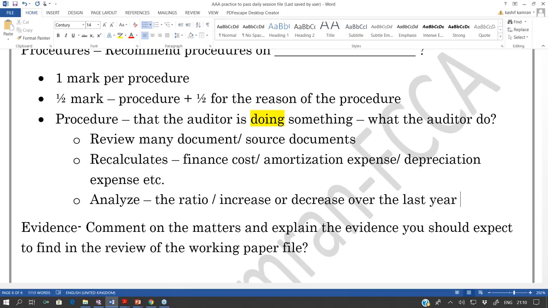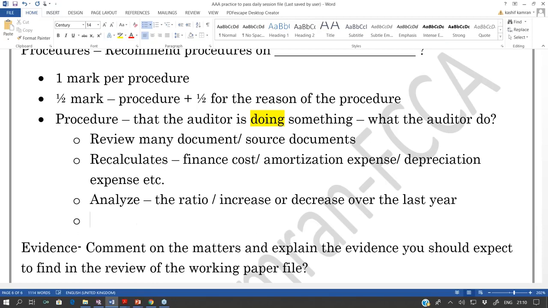So the auditor can do an analysis, right? The auditor can analyze something. So the procedure means a verb. The procedure means you're doing something. So the auditor reviews, the auditor recalculates, the auditor analyzes, and that's not the end of the story.